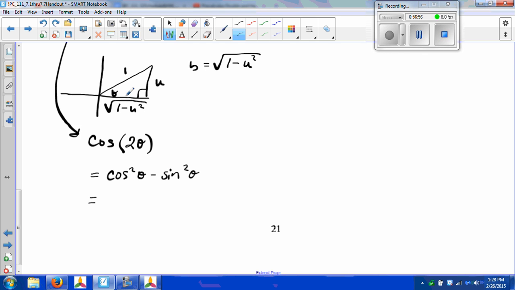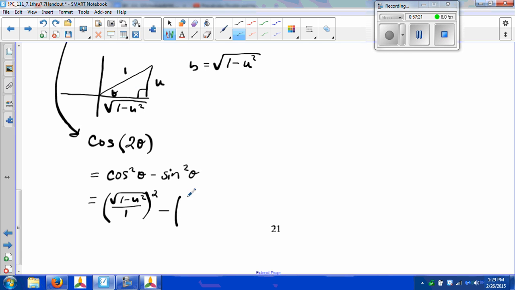So cosine is adjacent over hypotenuse. So that's going to be the square root of 1 minus u squared over 1, squared, minus, and then this one here is going to be the sine, so opposite over hypotenuse.